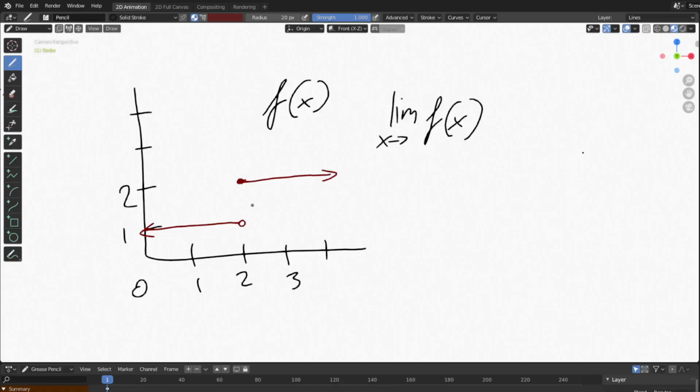Though 1 isn't 2, to say it bluntly, that means that the limit as x approaches 2 for f of x is, nope, does not exist, represented by big D and E.